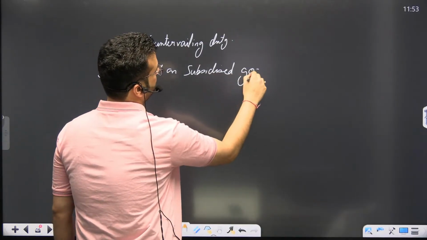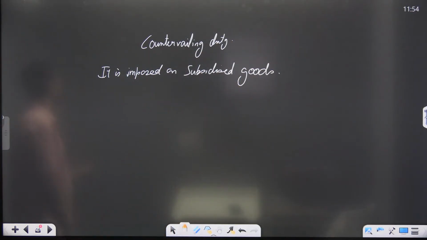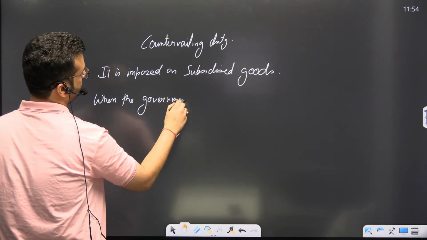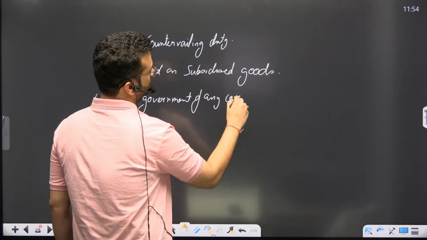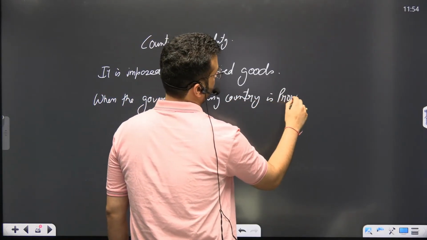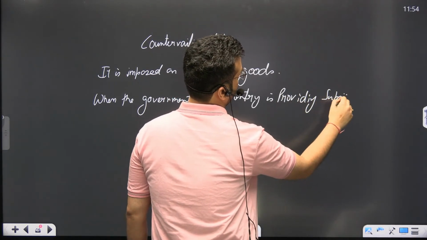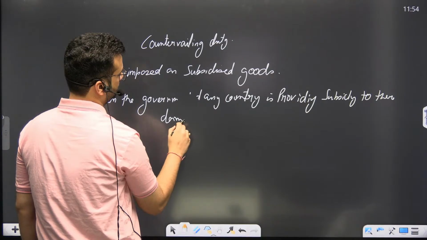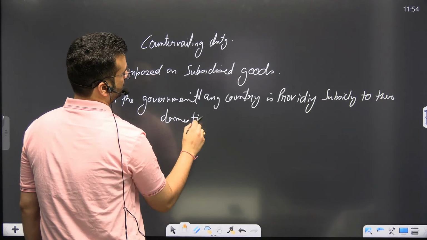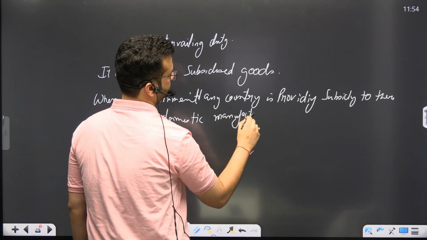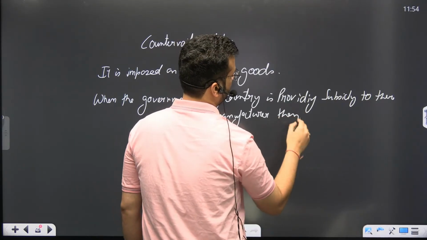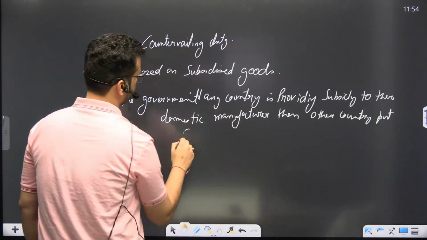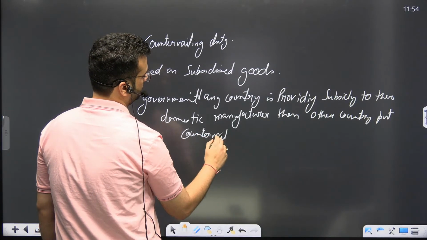When the government of any country is providing subsidy to their domestic manufacturers, then the other country puts countervailing duty.